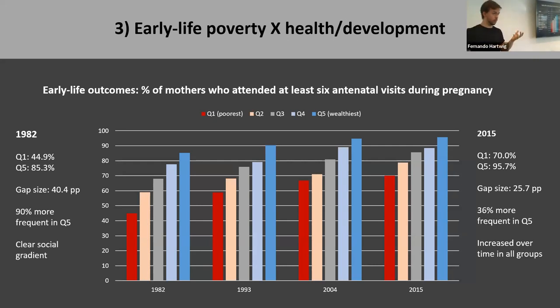Still, it's not a small number, but it's smaller than it was in 82, right? So we can say that although we still see some inequalities in 2015, it's not as bad as it used to be in 82, right? So there's still room for improvement, but at the same time, some improvement has happened already. Okay.